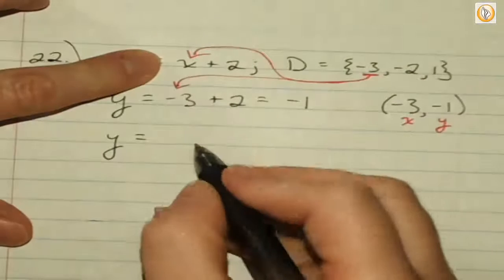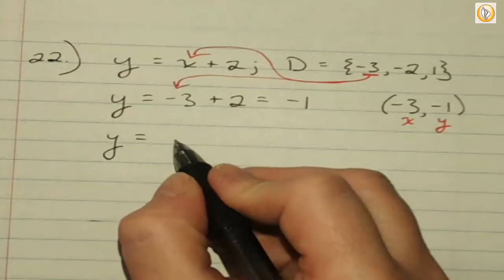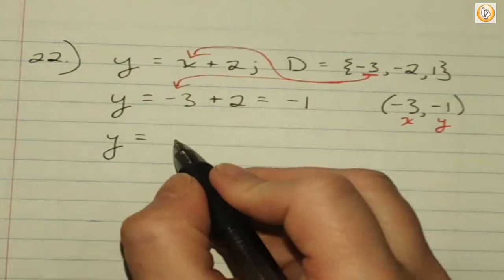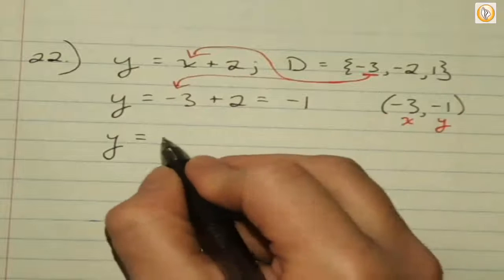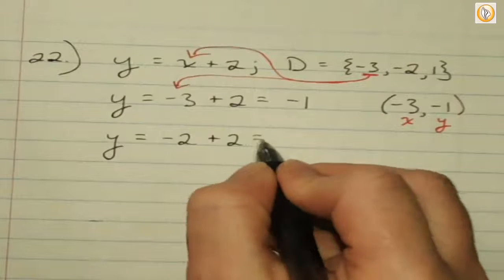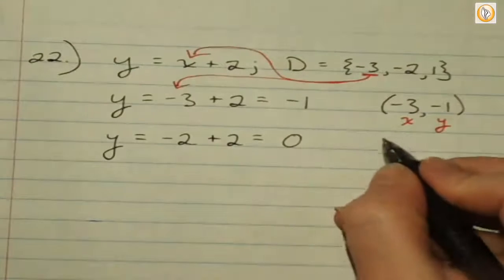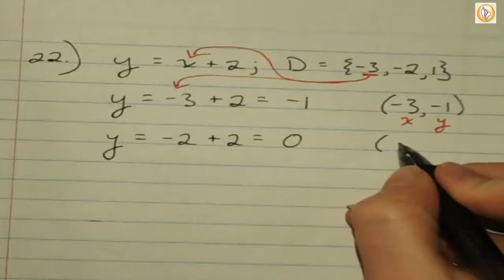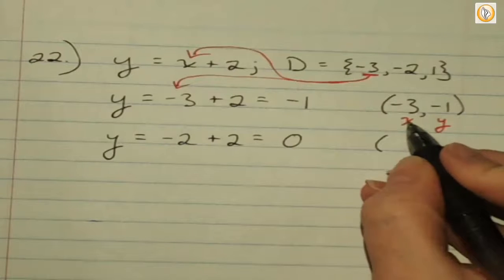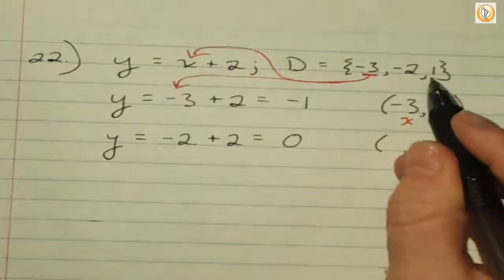So x plus 2, what do I put in place of the x this time? -2. Yeah, the next x. -2 plus 2. What's -2 plus 2? 0. So then what's my ordered pair? What's my x? These are my x's.